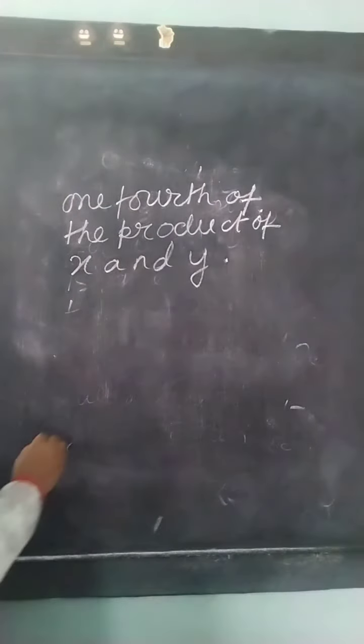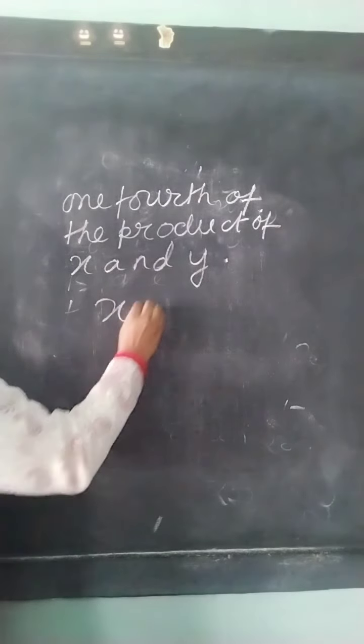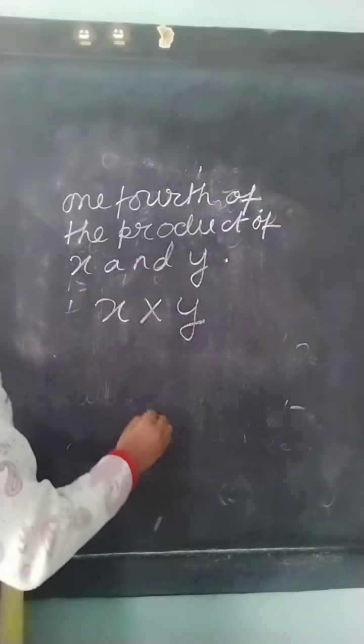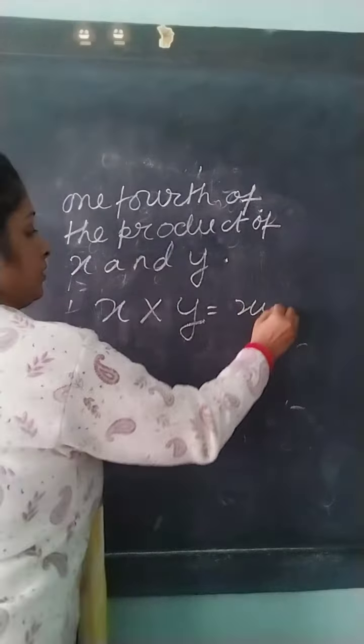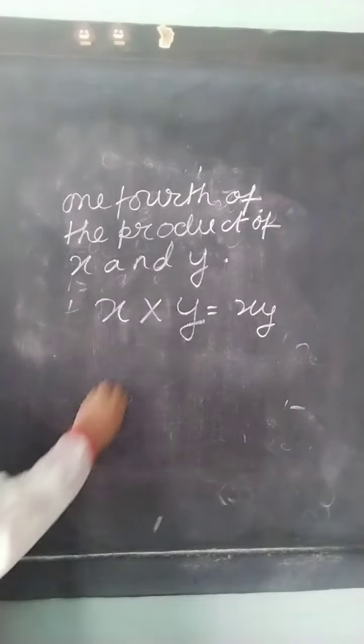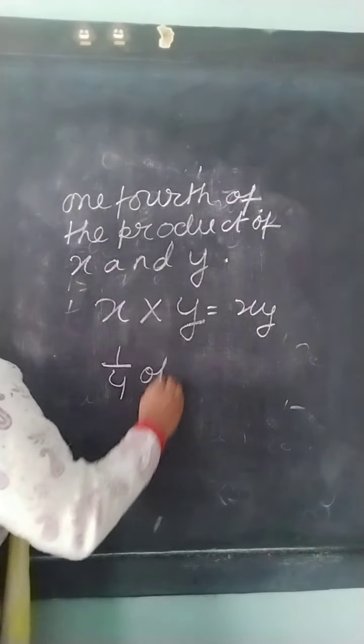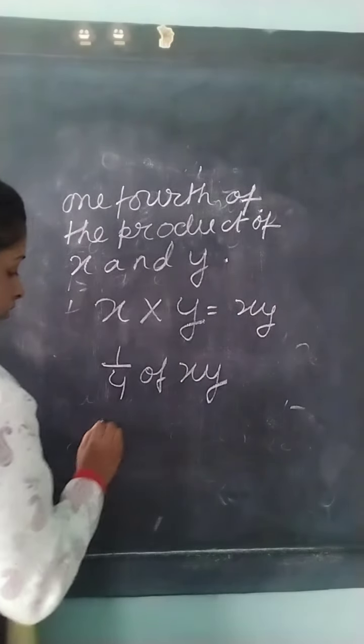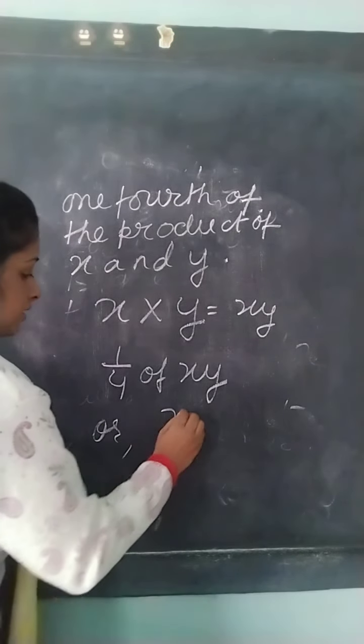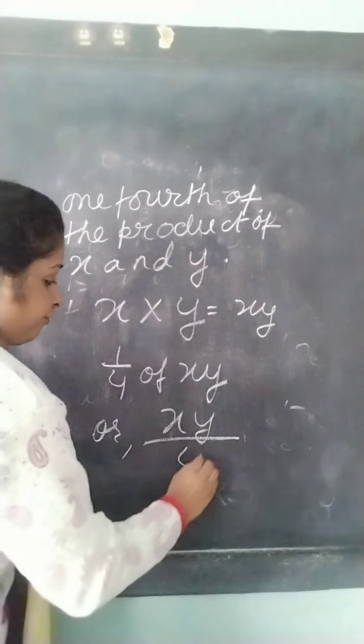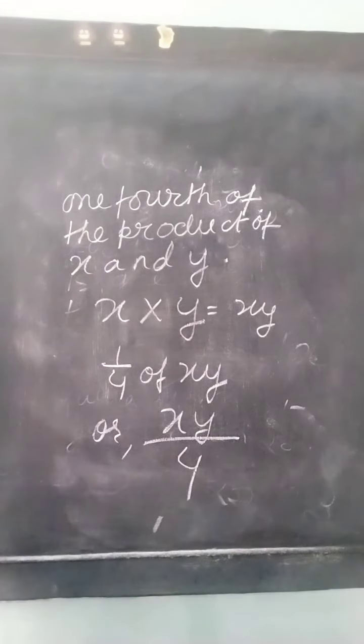We all know the product of x and y means x into y, that is xy. So 1/4 of xy, or you will write xy by 4. In this way you have to solve the sum.